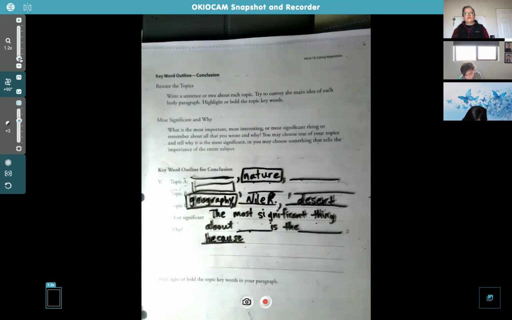And then Lizzie, did you think of why for Japan? Yeah. What do you think? I put because children learn to be respectful and worry less about their own needs. I like that. That's a good reason.